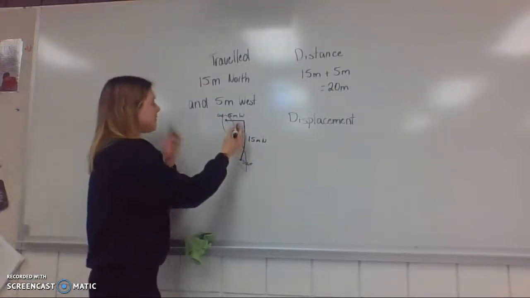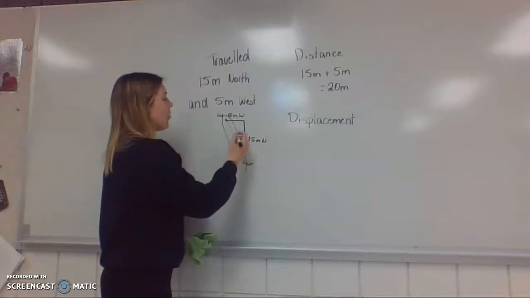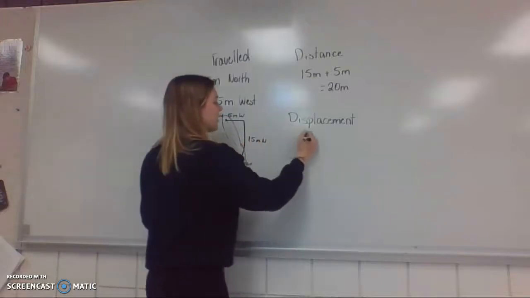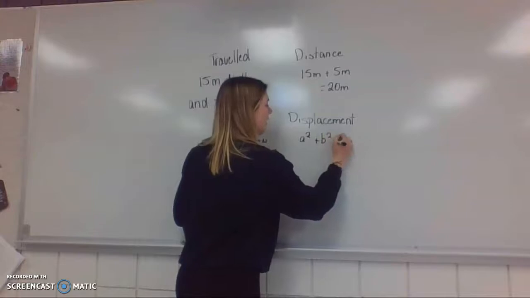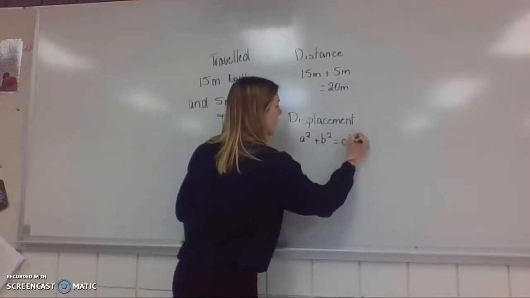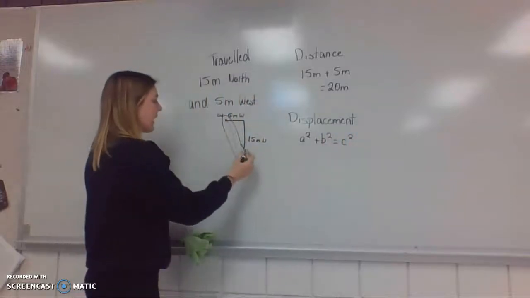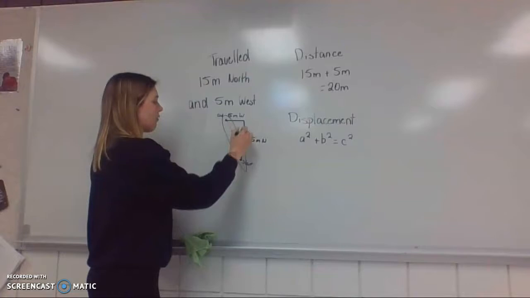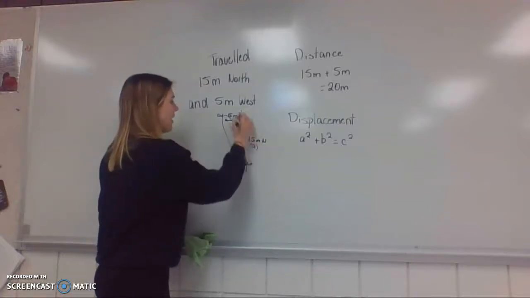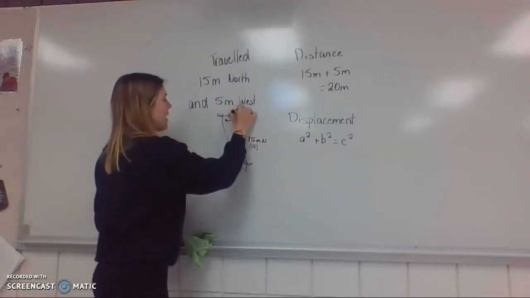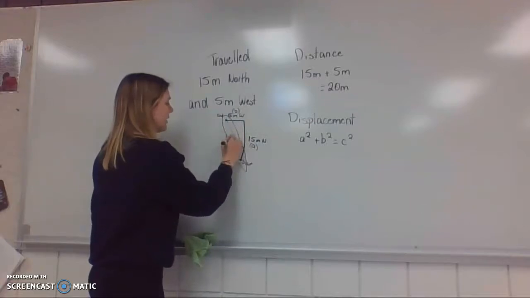So if you've seen Pythagoras before, we know that we can use the formula a squared plus b squared equals c squared, okay? So in this case, we've created a little right-angled triangle here, so we'll call 15 as a, 5 as b, and we are trying to calculate c.